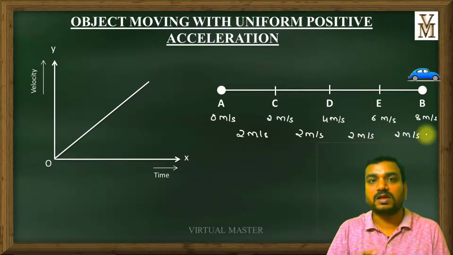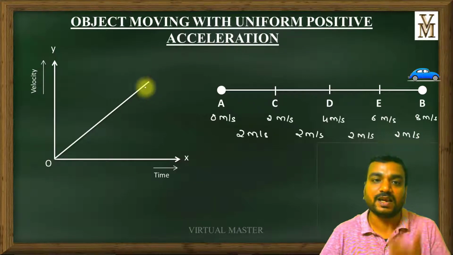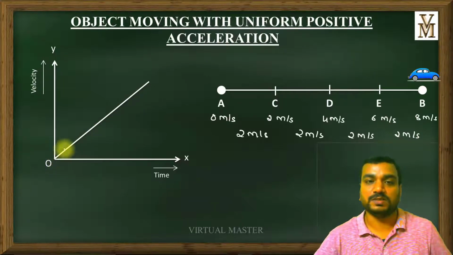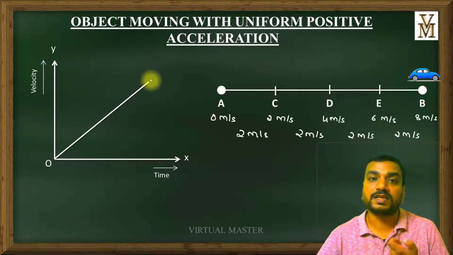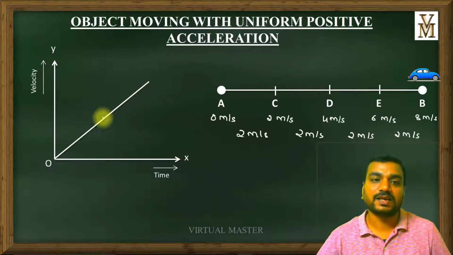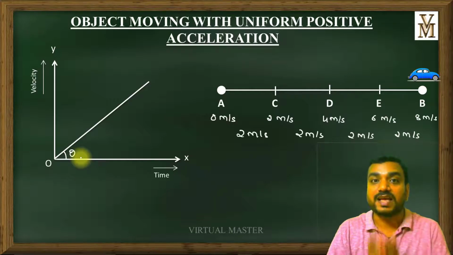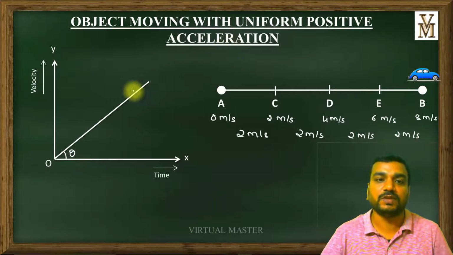Now, if we draw the velocity time graph of the car in this case, then we are going to get a straight line starting from the origin. The angle made by the curve to the horizontal axis or x-axis is theta, and this angle will be constant at every point.